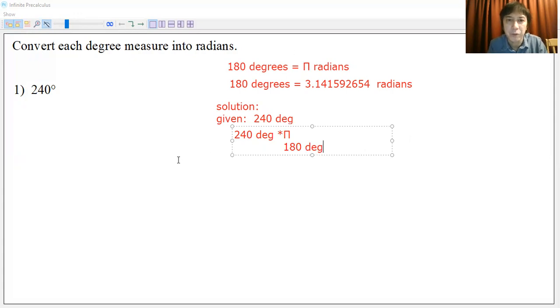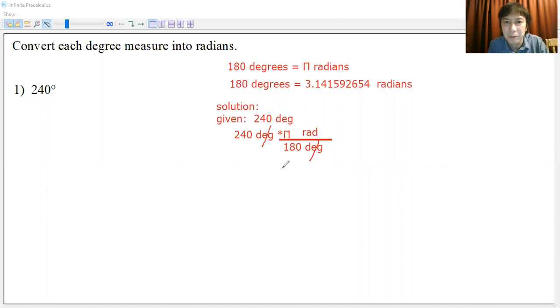And then we put a line at the bottom. That is a fraction, like that. We have here 240 degrees times pi radians. This will have a unit, of course, radians. You can see here degrees and degrees cancel out.